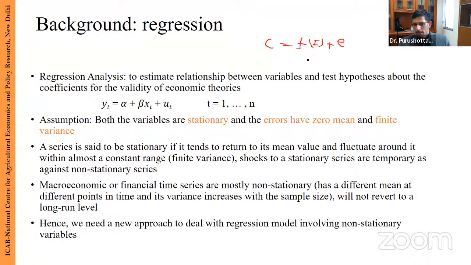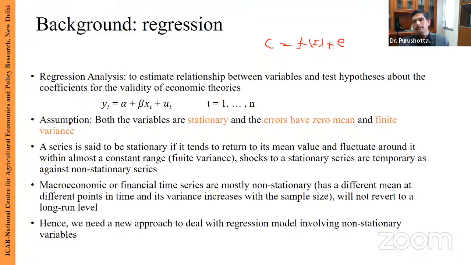So suppose we have one variable. Consumption is a function of income plus error. Through regression, we try to see whether our economic theory is validated or not. So we are trying to estimate the relationship between the variables and test our hypothesis.